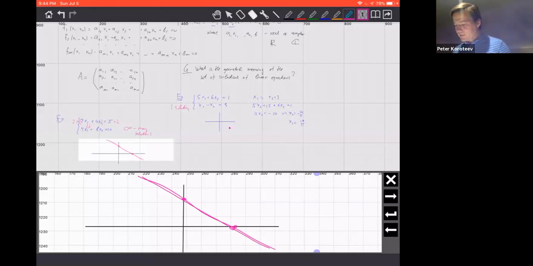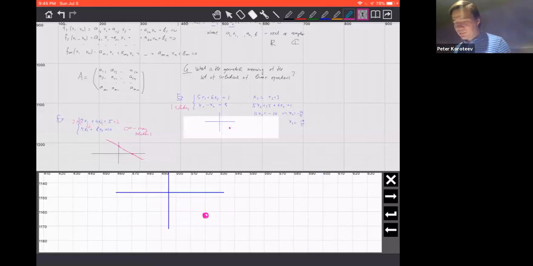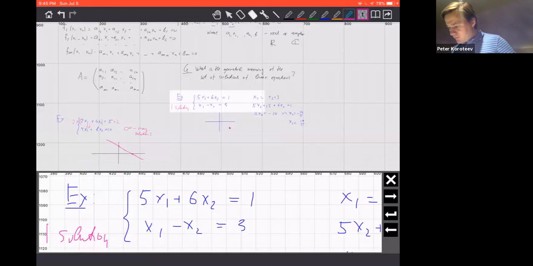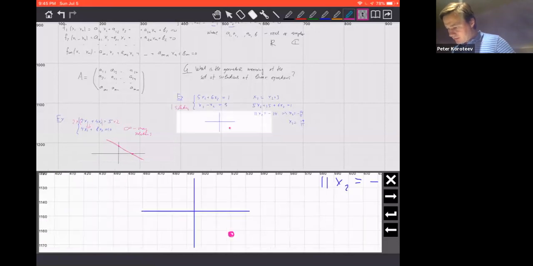By the way, in the first example, that point appeared as the intersection of two lines. The first line is x1 plus x2 equals 6. When x1 is equal to 0, x2 is equal to 6, and when x2 is equal to 0, x1 is equal to 6.